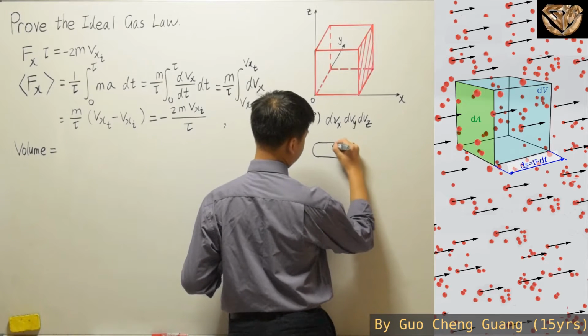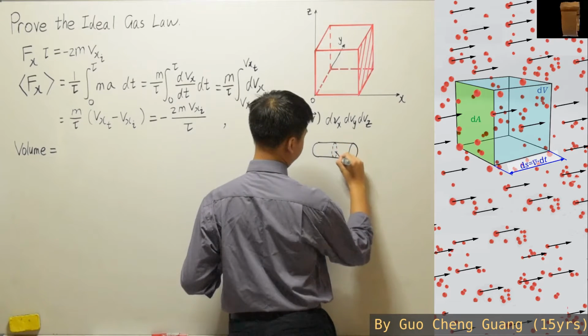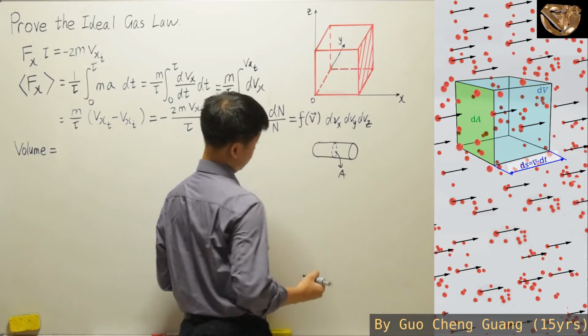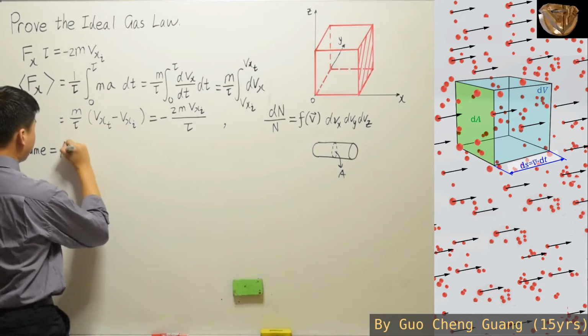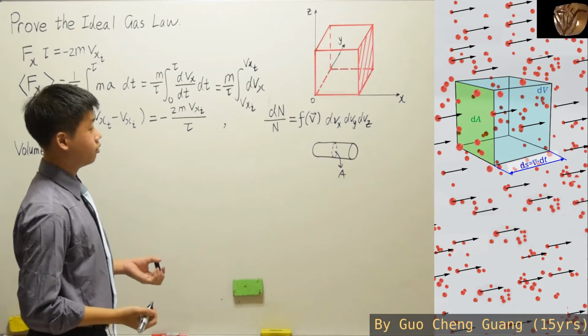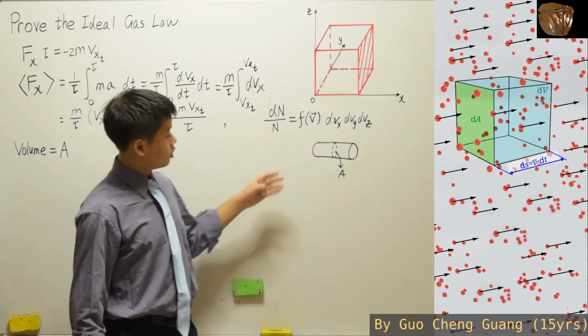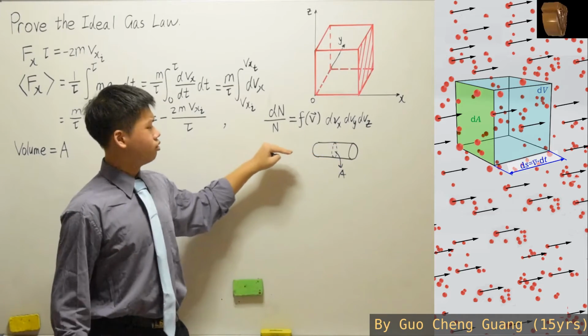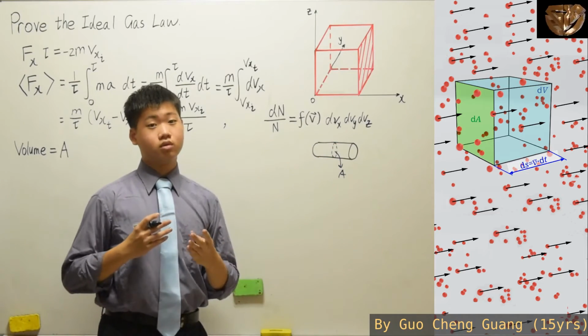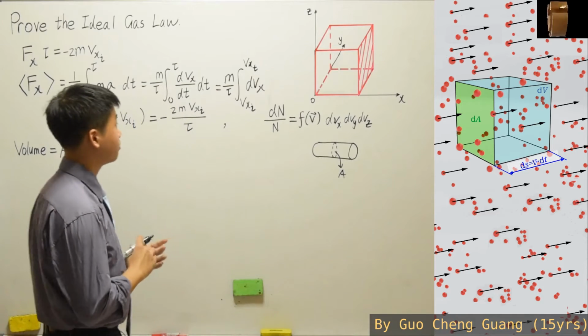So this cross-sectional area, you will have A, alright? So, cross-sectional area being A, what else would you need? So of course then you will have the height for it, isn't it? So this height, what can you use to find it?